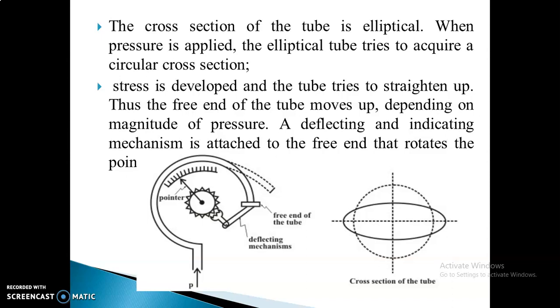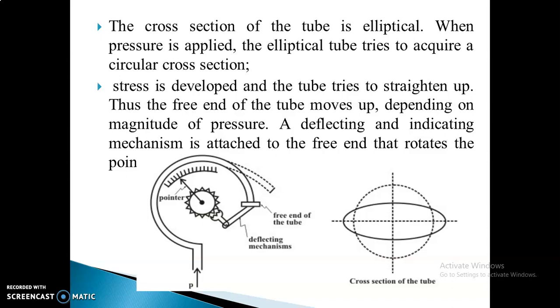When the pressure is applied through the inlet downwards, the upper portion has the free end, connected via the deflecting mechanism to the pointer and the scale. If the upper portion moves, automatically the pointer will get deflected.